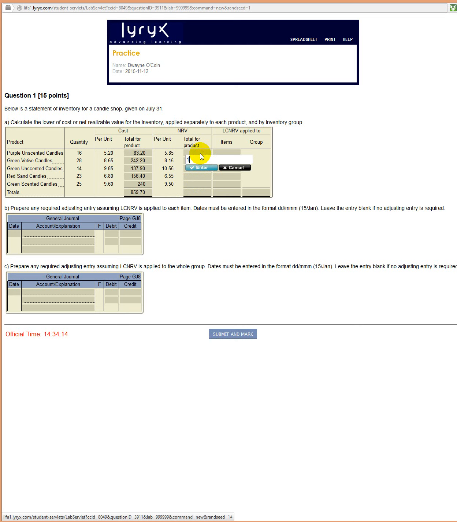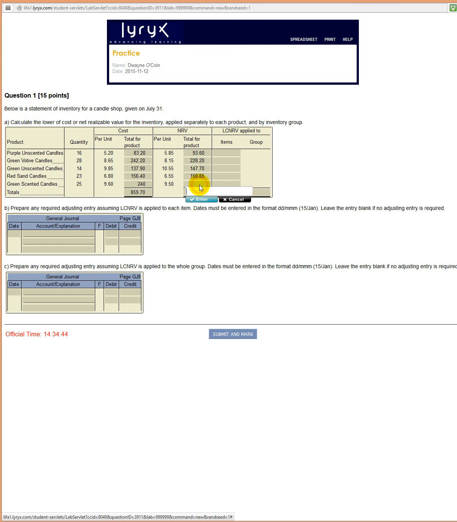Now, for the net realizable value, we have the same number of units, but of course the net realizable value isn't necessarily the same. Let's type carefully, 8.15. 14 times 10.55, and 23 units at a total of 6.55 for net realizable value.